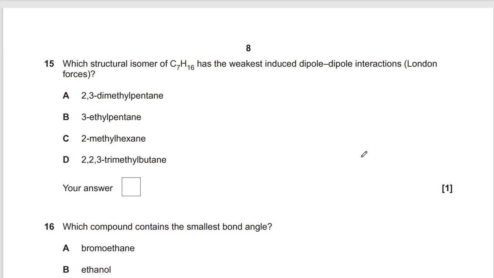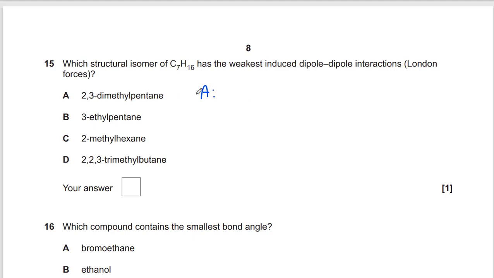Number 15. So, structural isomer of C7H16. Which one has the weakest induced dipole-dipole interactions? So, in terms of this, these are intermolecular forces, and it's probably best if you try and draw these. So, I'll just draw them out. I'm going to draw them skeletally because there's a lot of carbons there.